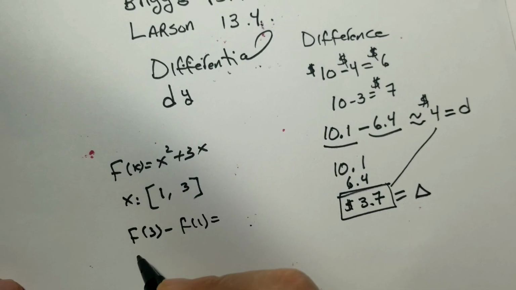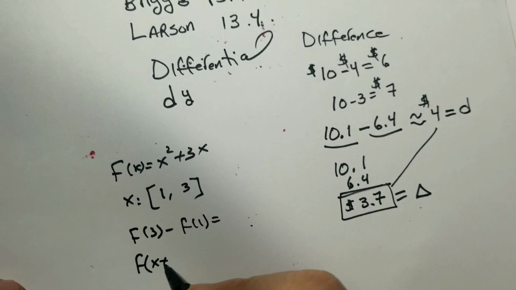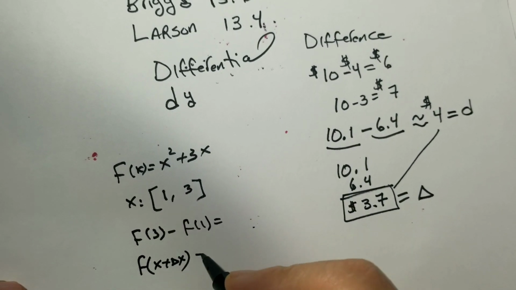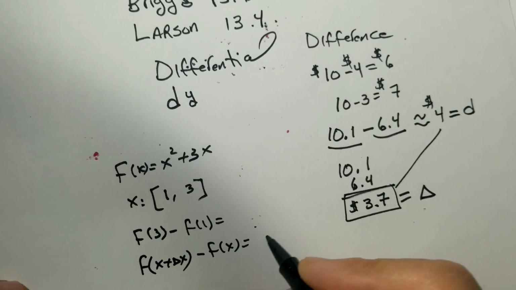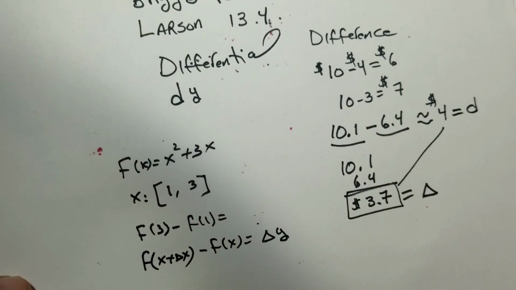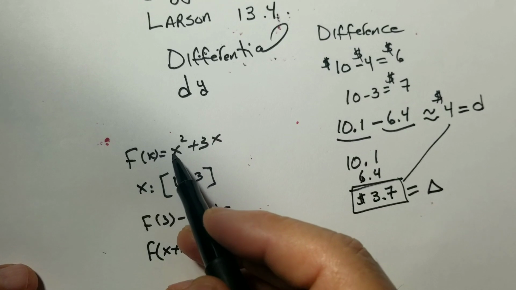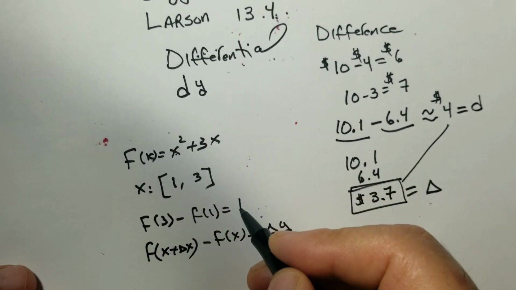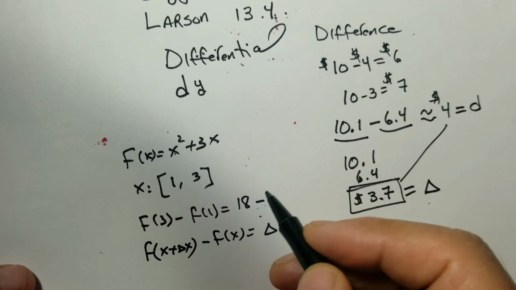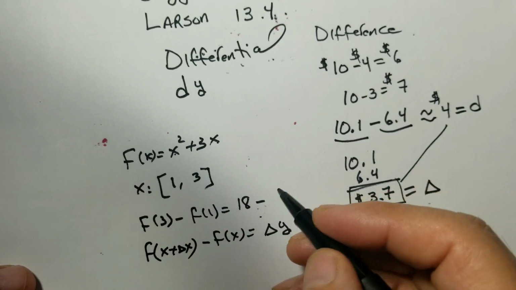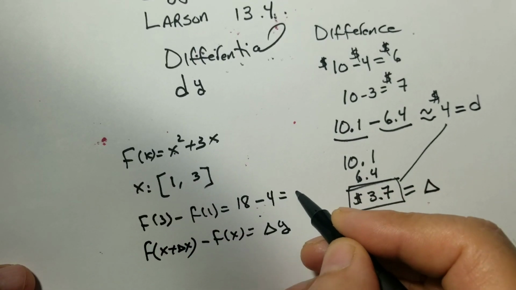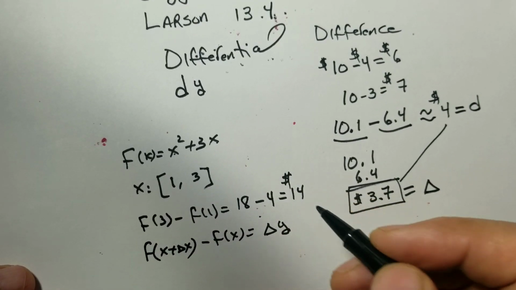Sometimes instead of f of 3, we write f of x plus delta x, and f of 1 is f of x, and we call it the exact change in y value. If I put 3 in here, that's 9 plus 9 is 18. 18 minus, when I put 1 in here, it's 4. That exact change is 14.